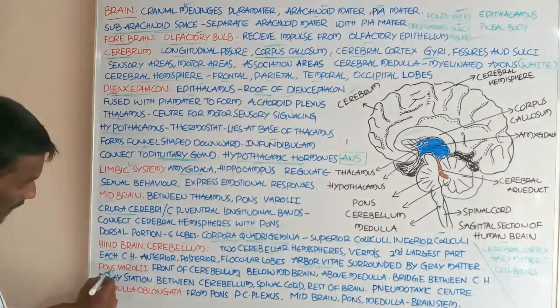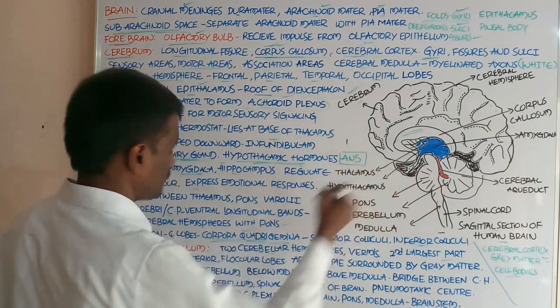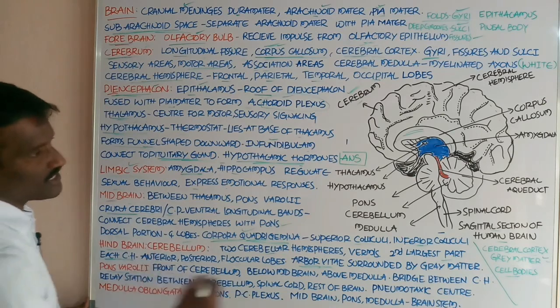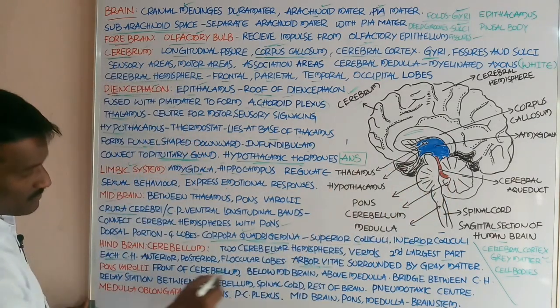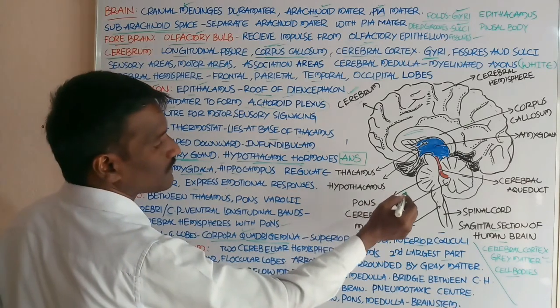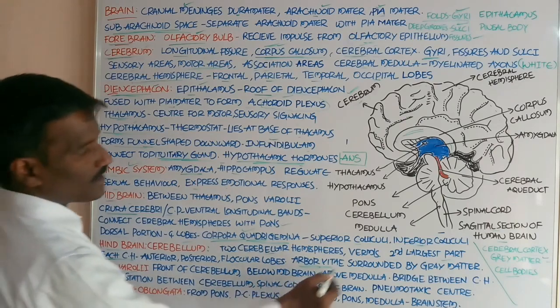Next, the pons varolii, also called the pons. It is located at the front of the cerebellum, below the midbrain and above the medulla.